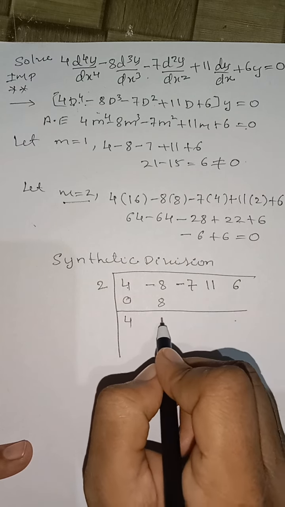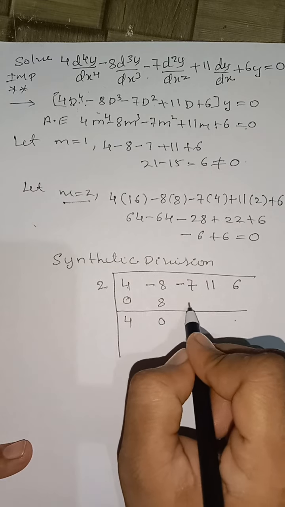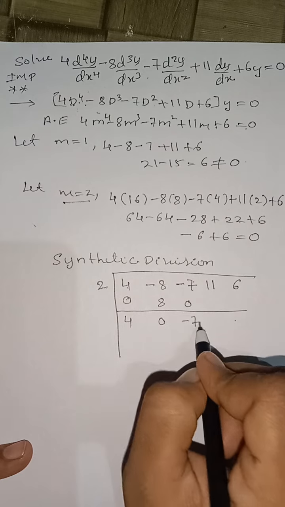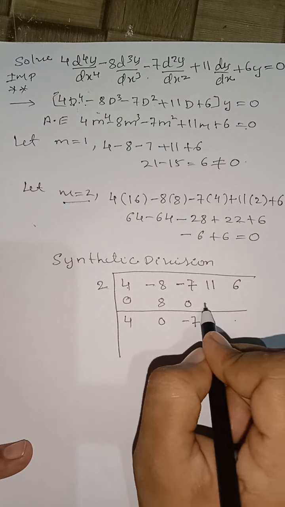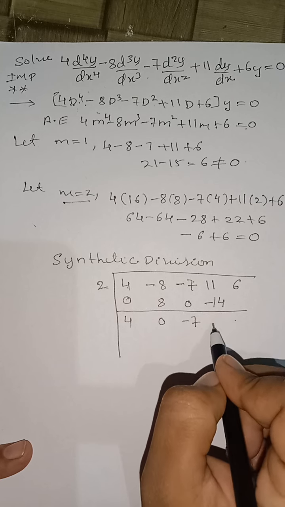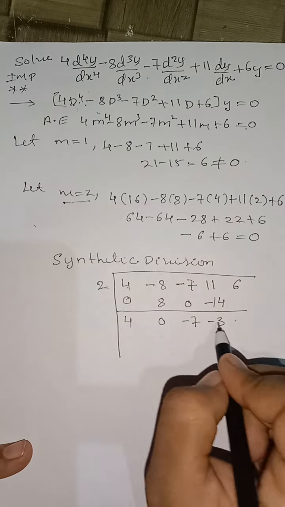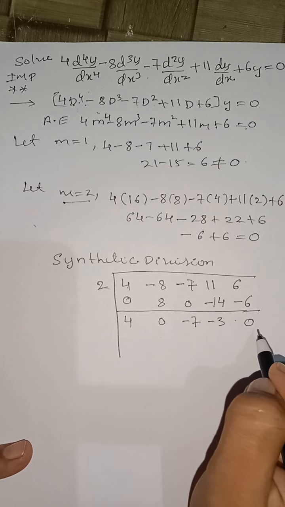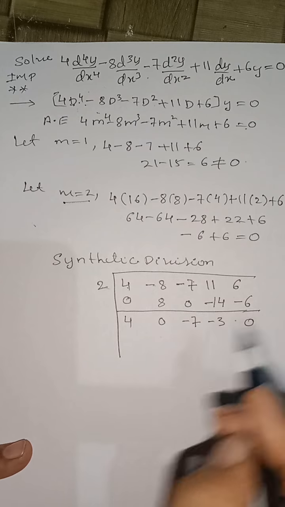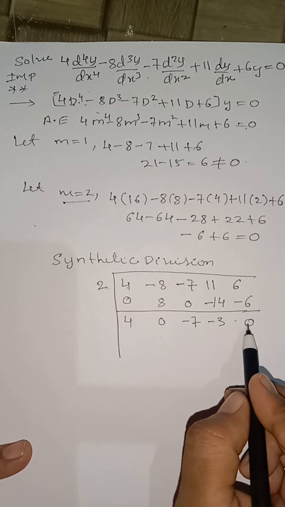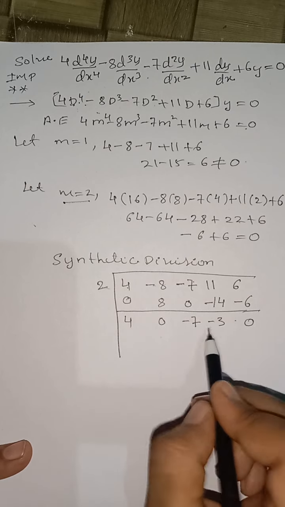Minus 8 plus 8 is 0, then 2 into 0 is 0, minus 7 plus 0 is minus 7, then 2 into minus 7 is minus 14, keep it here, then 11 and minus 14 is minus 3, 2 into minus 3 is minus 6, plus 6 minus 6 is equal to 0. Therefore, whatever values remain here are nothing but your cubic equation.